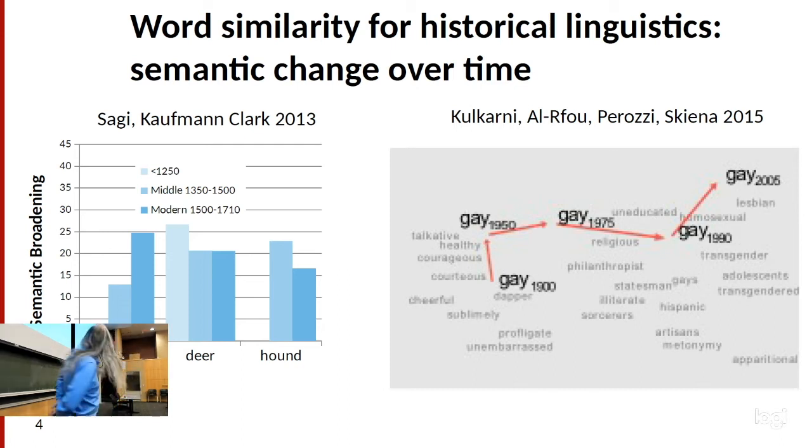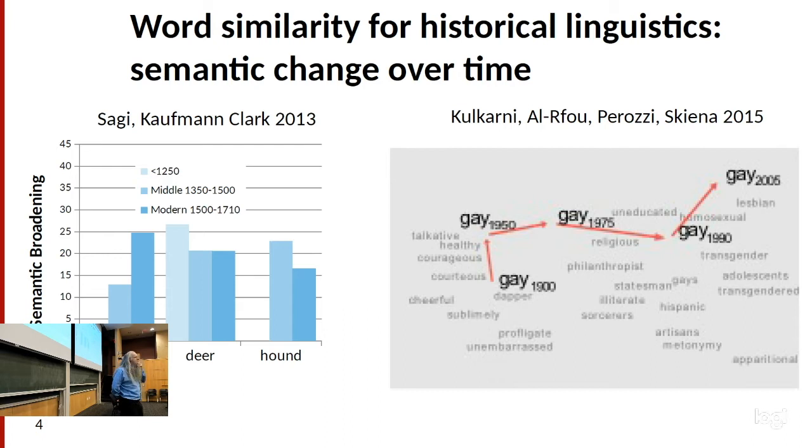So this one on the left, I always like this one because it taught me something when I saw it, and I thought I knew things about older English. So if you look at the use of the word dog, the use of the word deer, and of the word hound over the last 800 years plus, and look at the words that appear in their context, what you discover is that pre-1200, the word deer, that we now think is some relatively large animal with antlers that people shoot, whether that be Bambi's mother or they're shooting in deer hunting season.